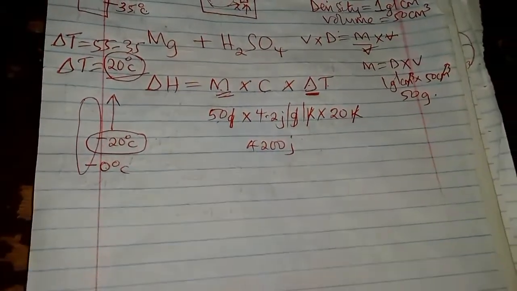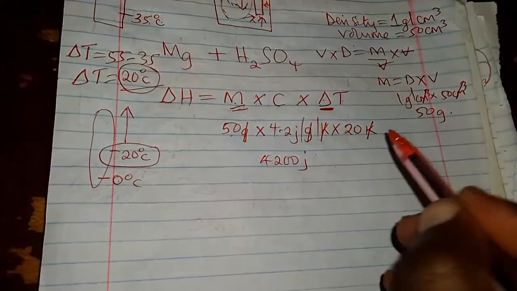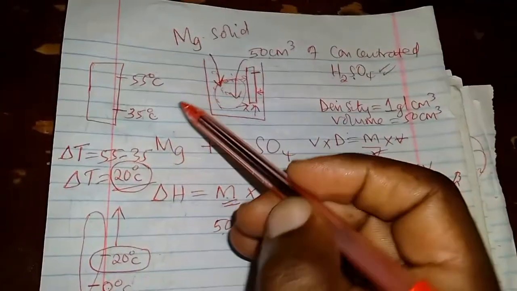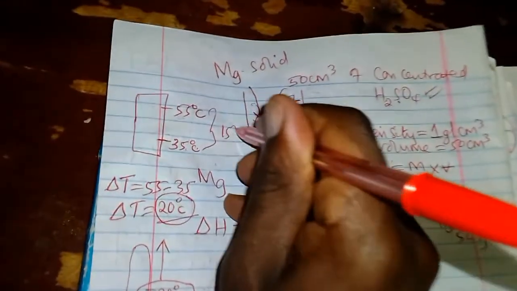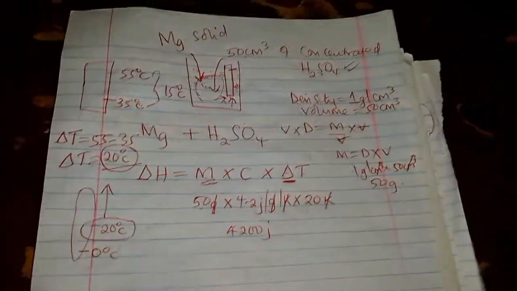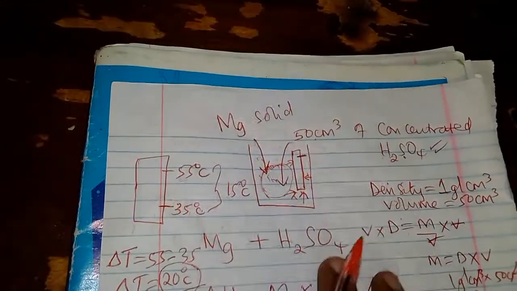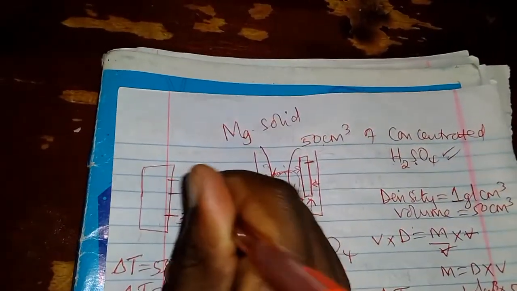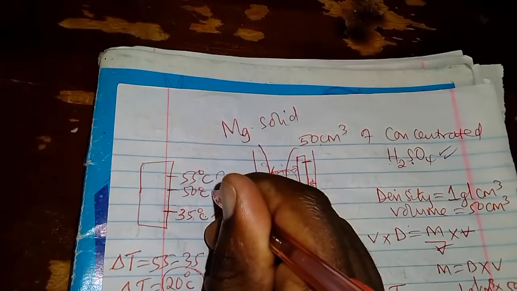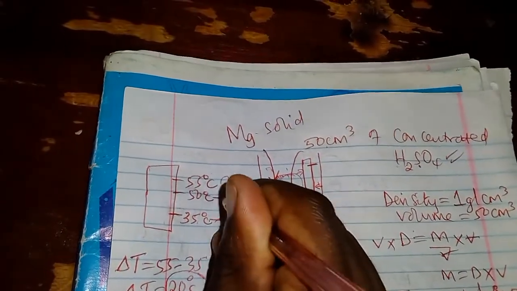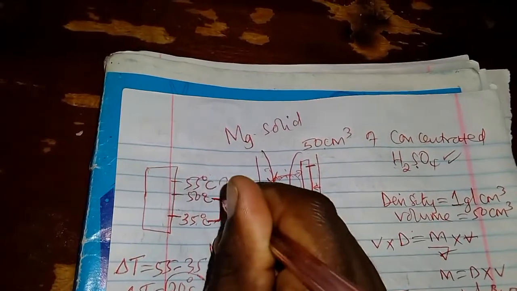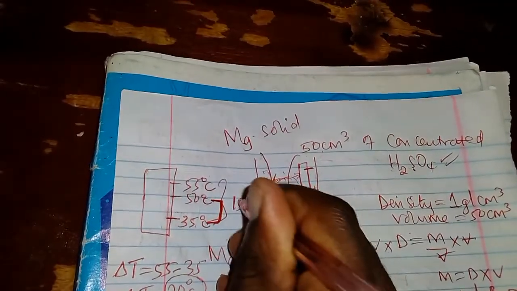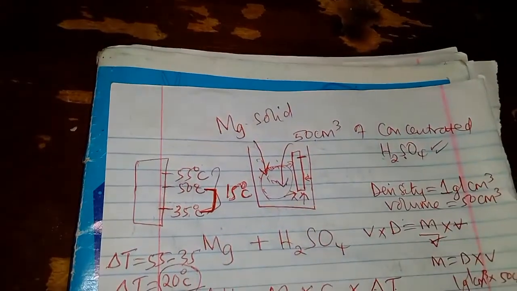Or if the temperature reading has a difference of, let's say, 15 degrees Celsius, that gives us the enthalpy change. So we can have maybe 35 up to 50, and from 35 to 50 we have a delta T, or a change in temperature, of 15 degrees Celsius.